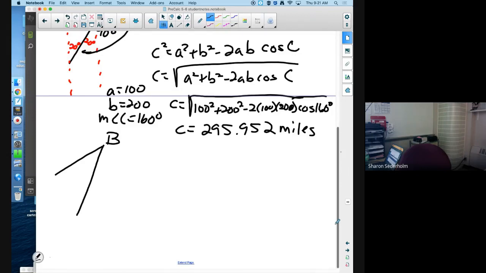There's vertex B. There's due north. We know we need 180. And we know we need whatever this little beta is here. We can find theta. We can find the measure of angle B by using the law of cosines right now.